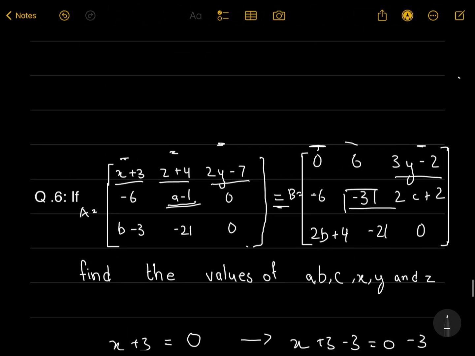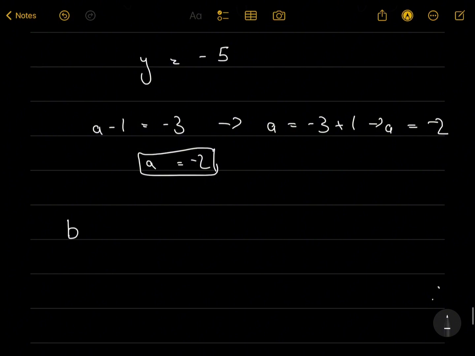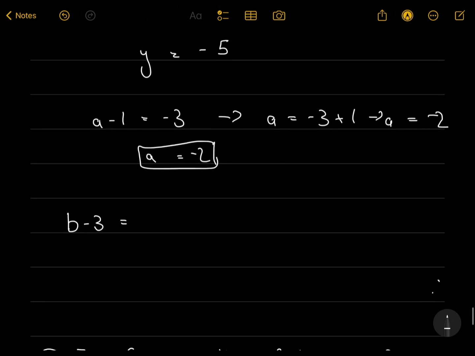Next we go for b. We get this equation here: b minus 3 is equal to 2b plus 4.